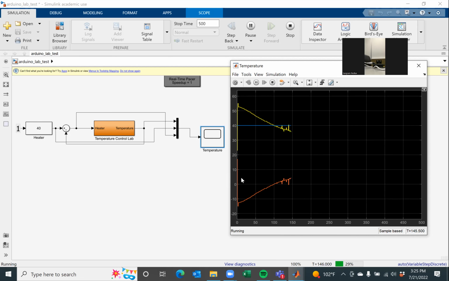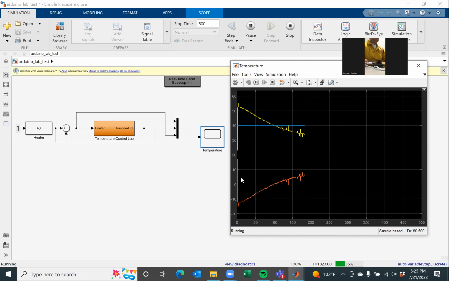So can someone tell me what is the problem with this proportional control? Clearly it is not responding quickly. Then there is overshoot and the response is sluggish.